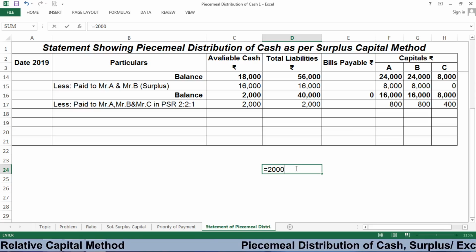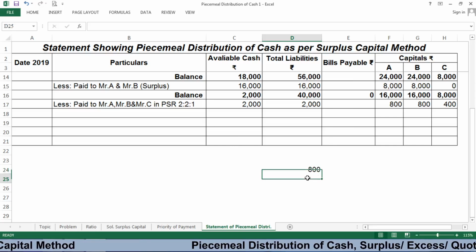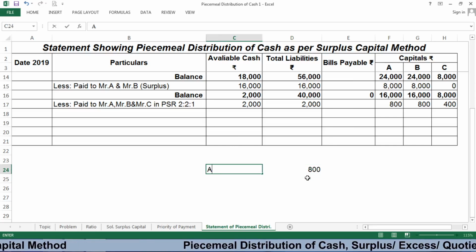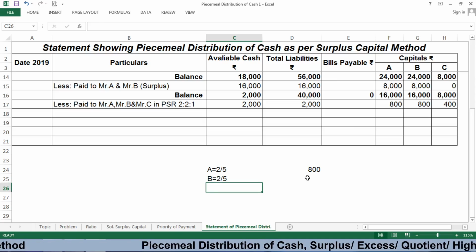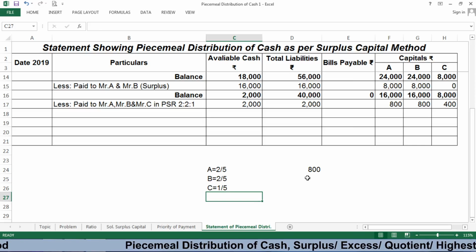2,000 we have to pay into 2 divided by 5. How does it come? 2 plus 2 plus 1 equals 5, and 2 is the share of Mr. A. So here A's share equals 2 upon 5, B's share equals 2 upon 5, and C's share equals 1 upon 5.